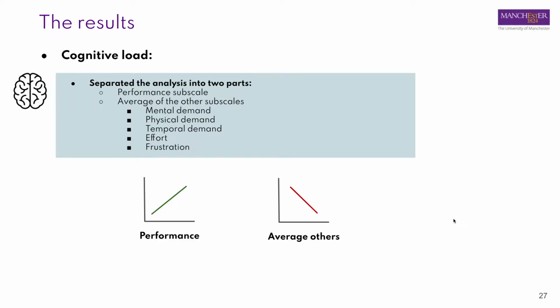For the cognitive demand, we split the analysis into two parts: performance and then the average of the other 5 subscales. This is because perceived achievement correlates positively with a higher performance score, but for the other subscales, perceived achievement correlates negatively. So a higher score on these subscales means a lower perceived achievement.